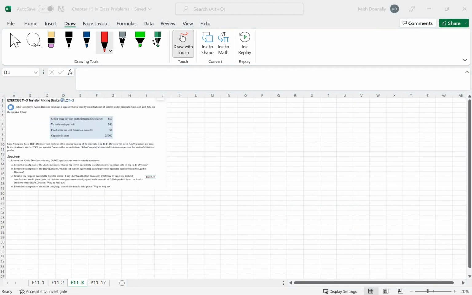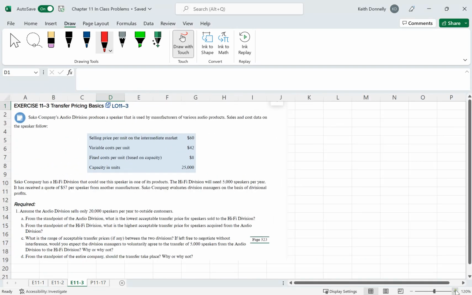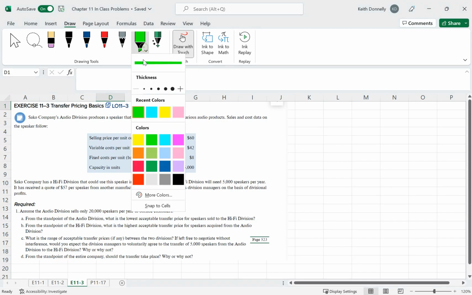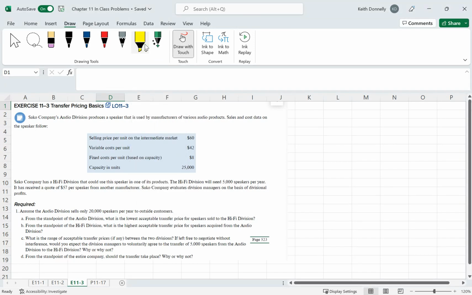Okay, so let's look at 11.3 in this case. And let me zoom in here. All right, so we have a company here, and their audio division produces a speaker that's used by manufacturers of various audio products.